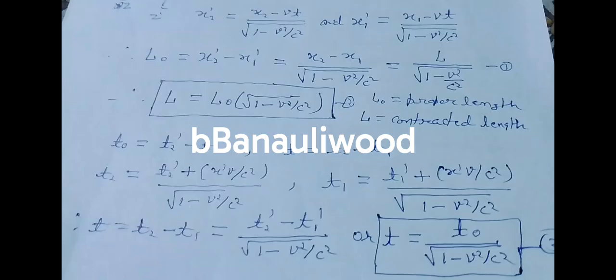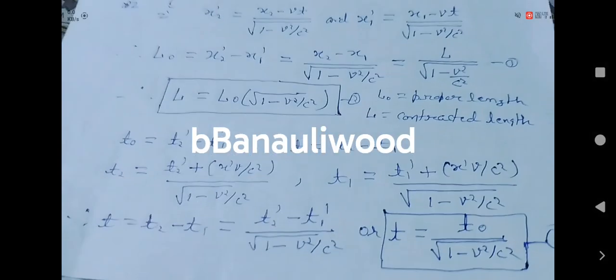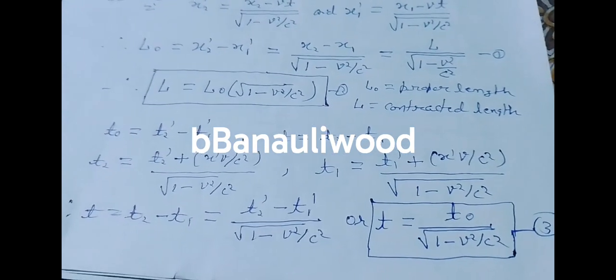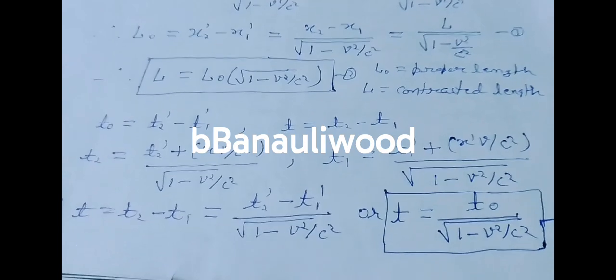The time interval between the ticks as seen from S dash is t sub 0 equals t sub 2 dash minus t sub 1 dash. Here t sub 0 is the time interval as measured in a frame in which the clock is at rest.